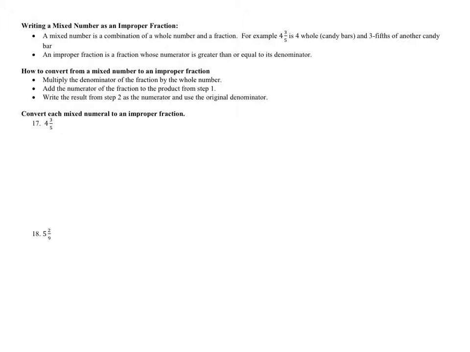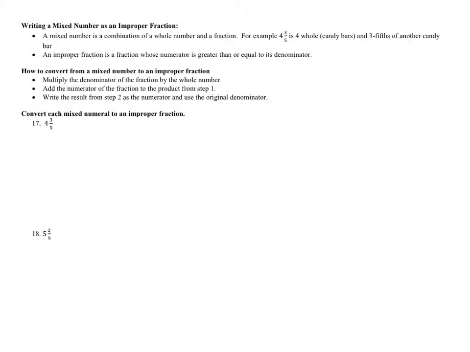So when we're converting from a mixed number to an improper fraction, first we'll need to multiply the denominator of the fraction by the whole number. Then we'll add the numerator of the fraction to the product from step 1. And lastly, we'll write the result from step 2 as the numerator and use the original denominator.